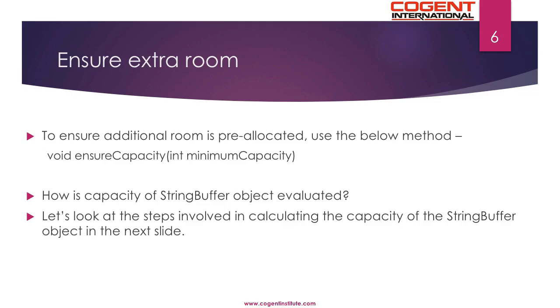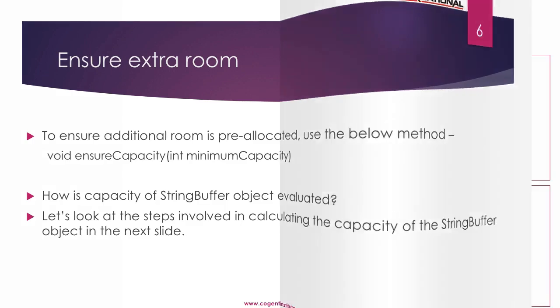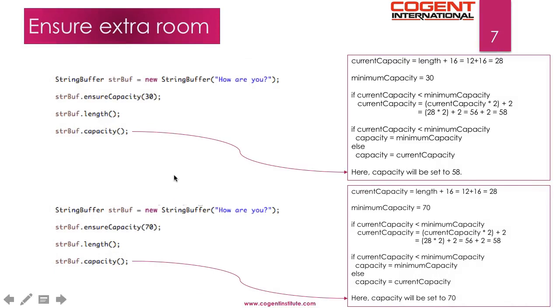So how is the capacity of a StringBuffer object evaluated? Let's look at the steps involved in calculating the capacity of the StringBuffer object in the next slide. So we have a StringBuffer object created by passing in the string literal "how are you?", which is assigned to strbuff of type StringBuffer. We invoke ensureCapacity on the strbuff reference variable and pass the value of 30, which is the minimum capacity.